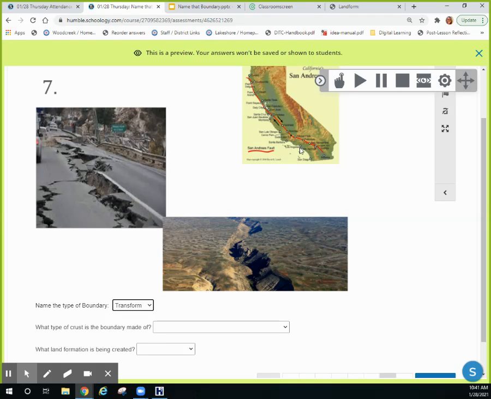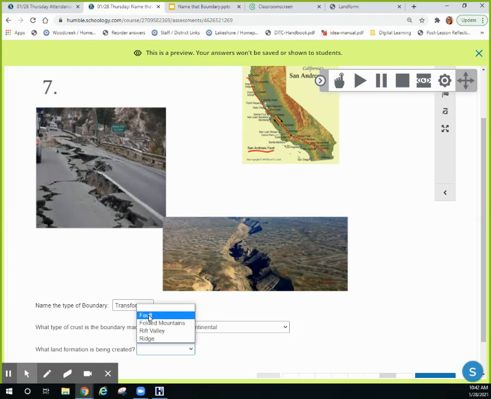And by the looks of this image and this map, everything that is happening is 100% on land. So in this particular area, we are talking about continental, and the landform that's being created is not as deep as a trench or a ridge. It's very shallow. It's almost like a cut on the ground, like where you maybe scraped your knee.